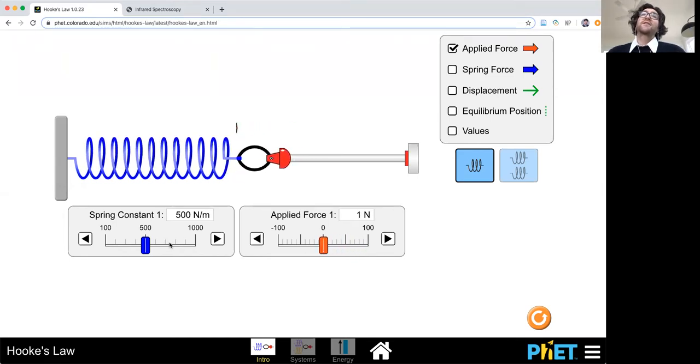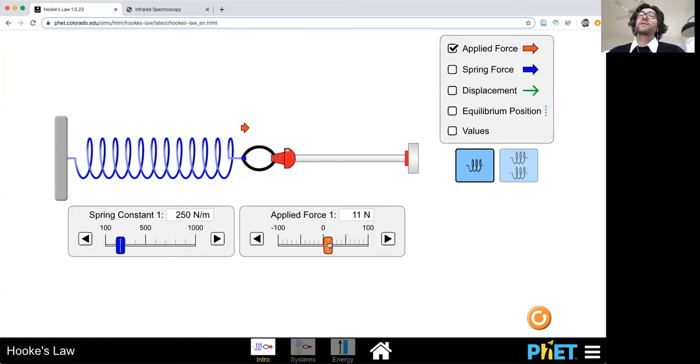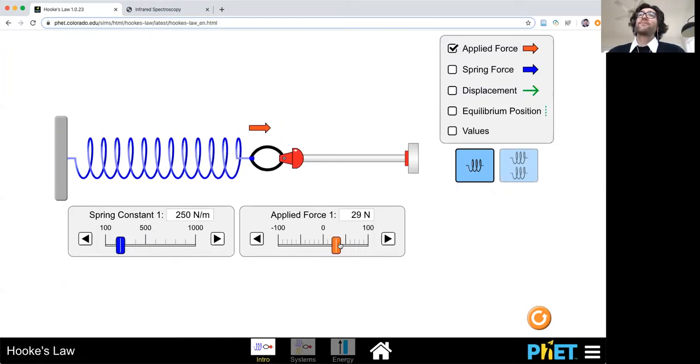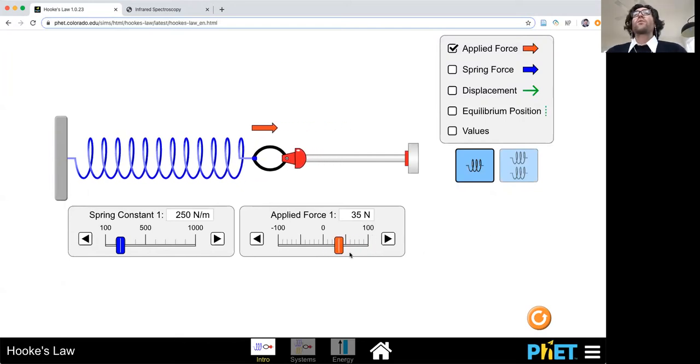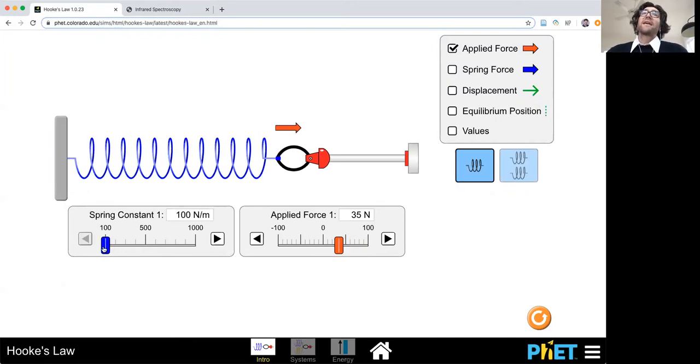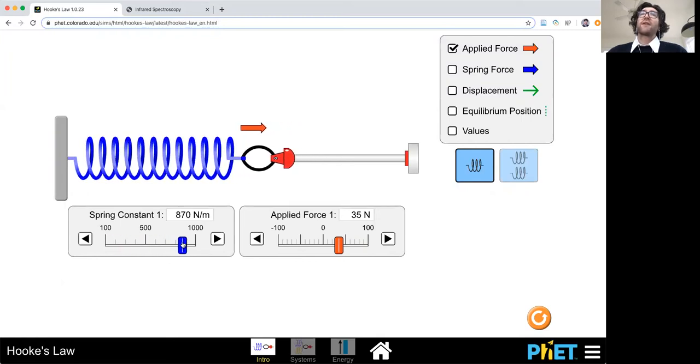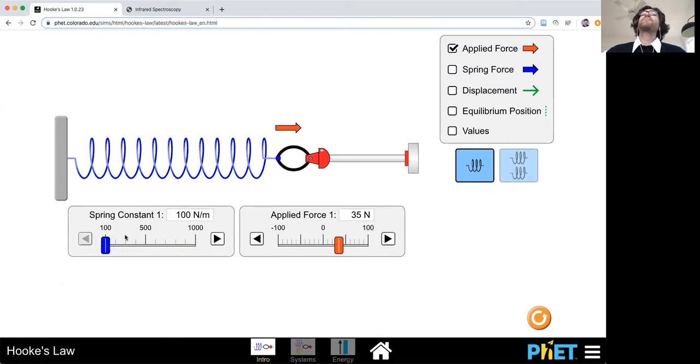But as you reduce the strength of the bond, it takes a lot less force to bend the spring, which is why the frequency goes down. And you notice that as the spring constant goes down, the distance that it can travel goes way up.